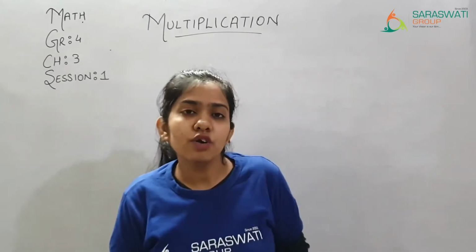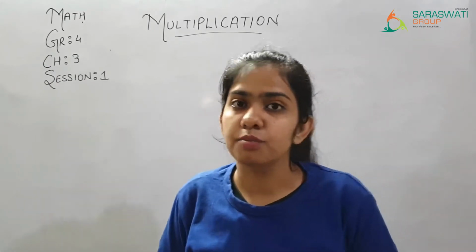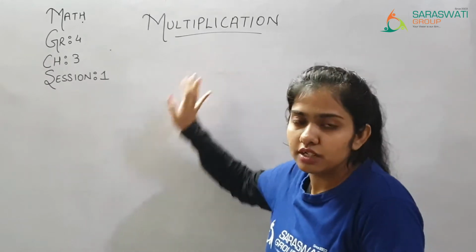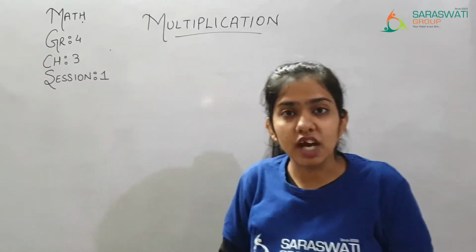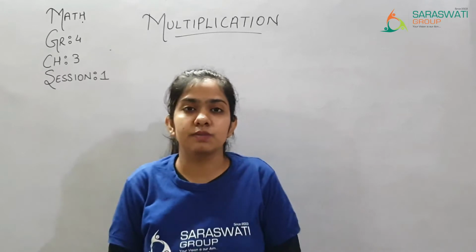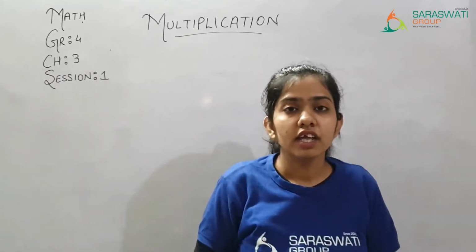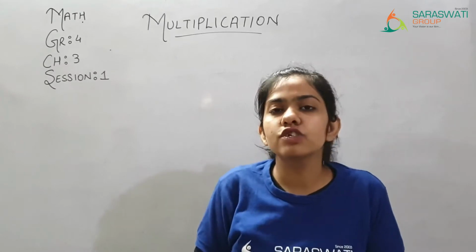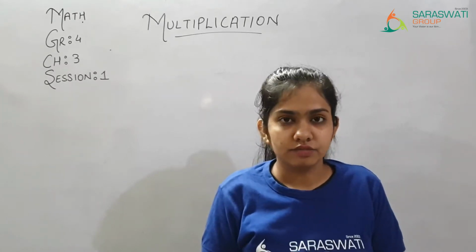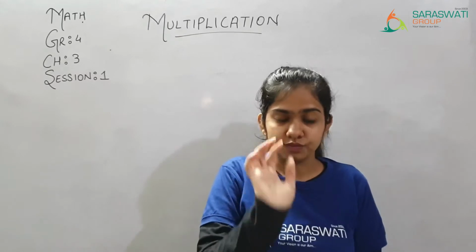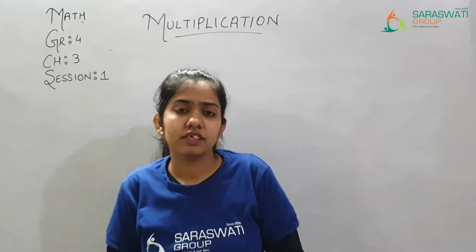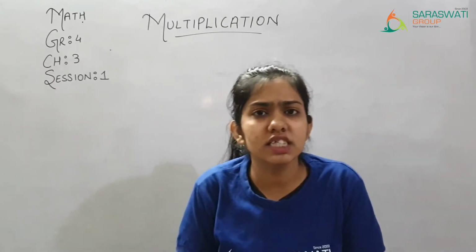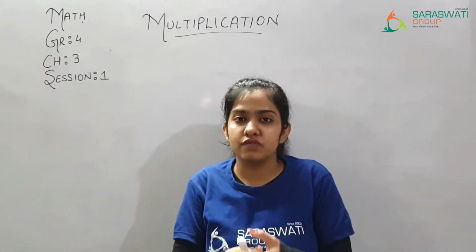Now we are going to start with the third type, and that is chapter number 3, which is all about multiplication. In the previous standards you have already learned about multiplication. If you know the tables, then multiplication will be very useful to you to calculate very easily, to solve sums very easily.